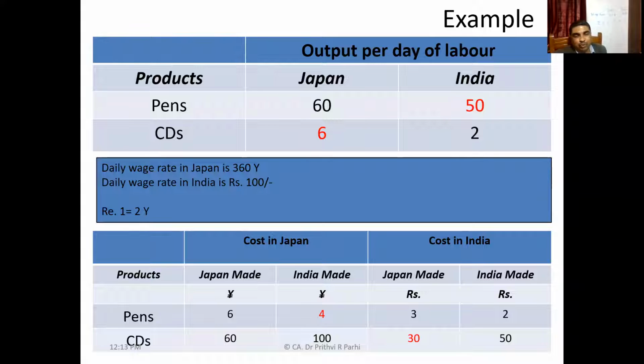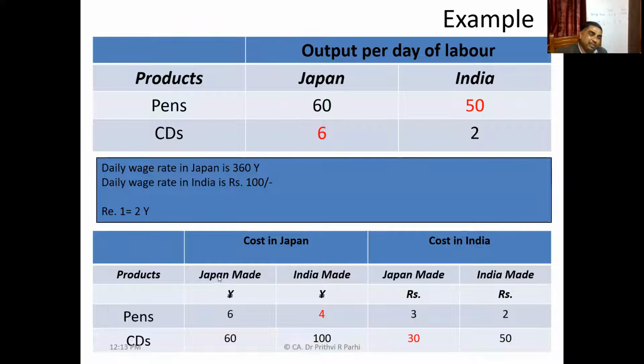So 100 rupees for two CDs. So per CD, what is the cost? 50 rupees. But in Japanese yen, how much? 100 yen.